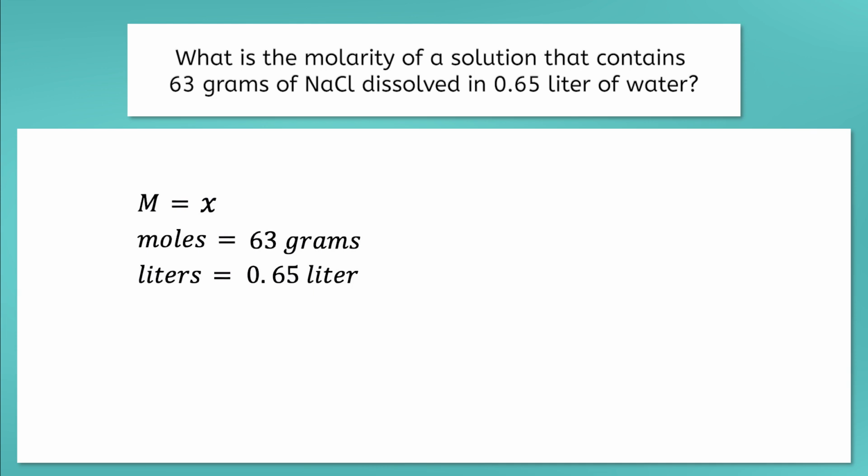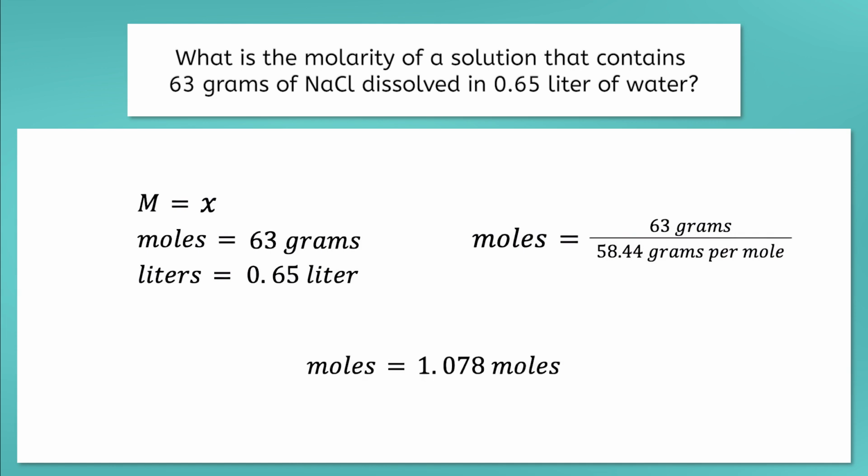Earlier in this lesson, we calculated the molar mass of NaCl to be 58.44 grams per mole. To find the number of moles, we can use the conversion factor. Moles equals grams divided by molar mass. In this case, moles equals 63 divided by 58.44, giving us 1.078 moles.